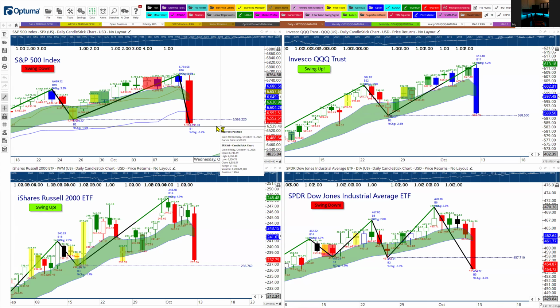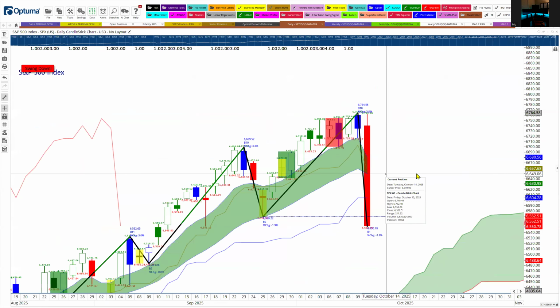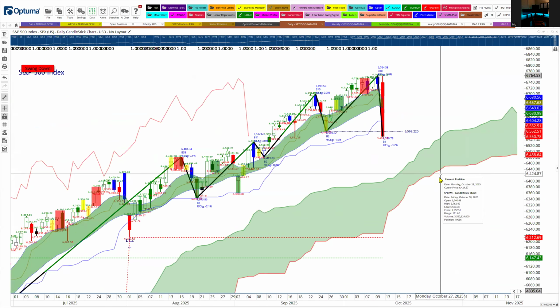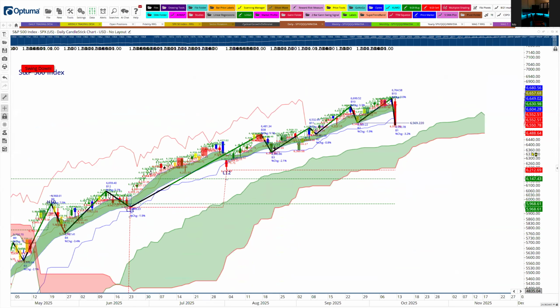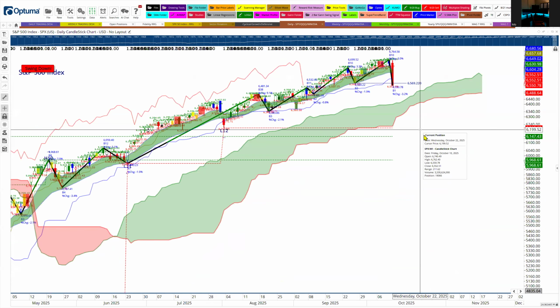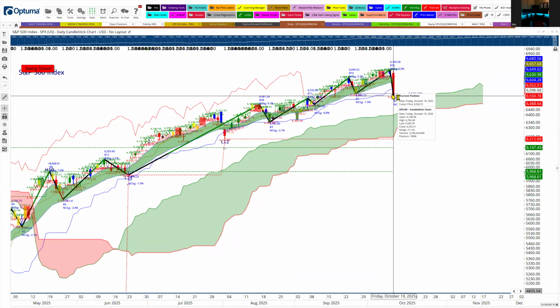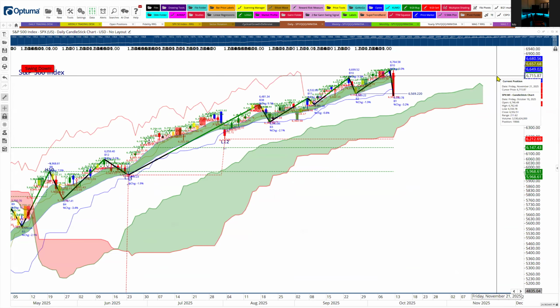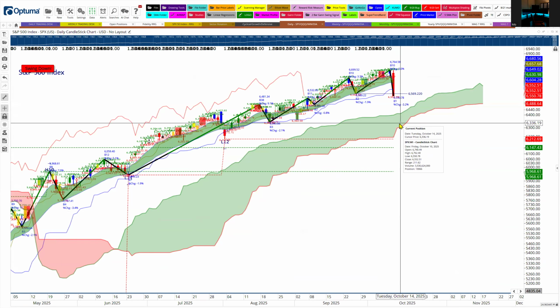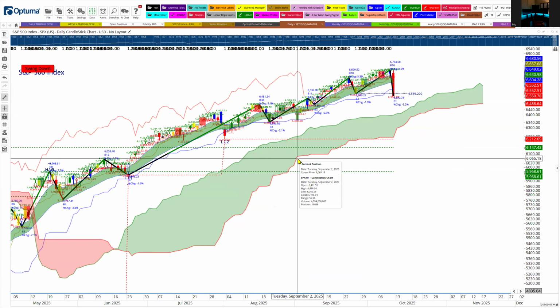Look at the cloud, some of you follow this. What is so bearish about it? Look at what the price has been over this cloud.